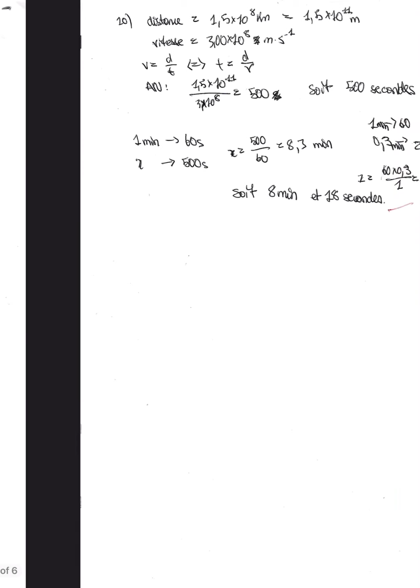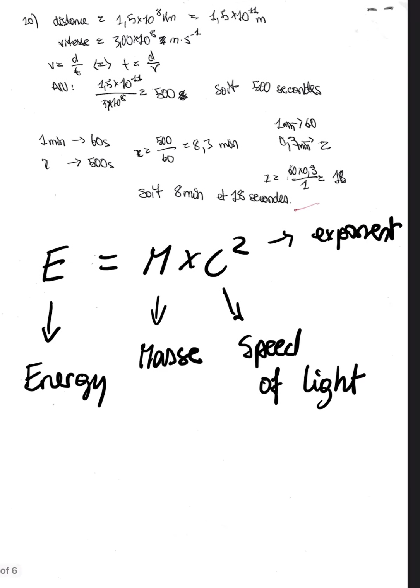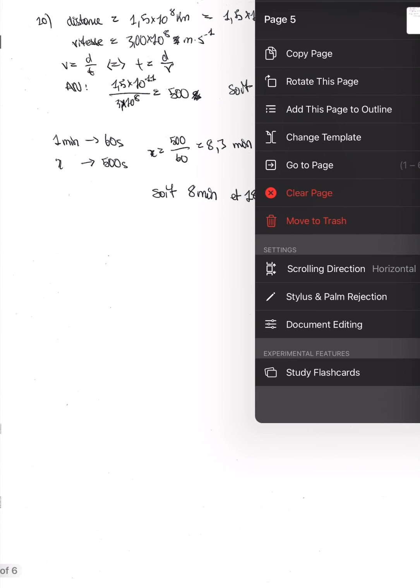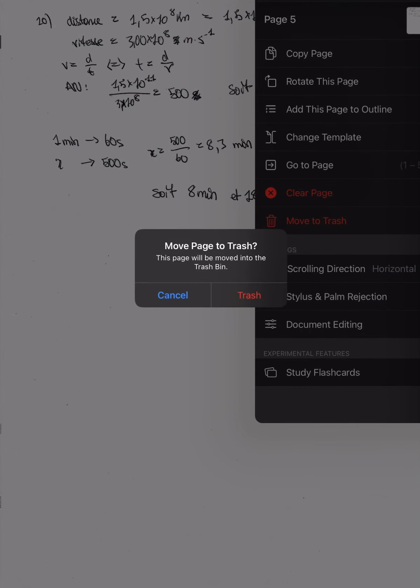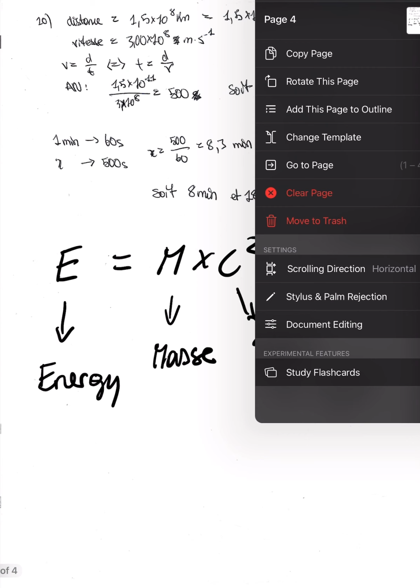So if I wanted to get the mass from this formula, how would I proceed? So our formula is E equals mc squared. So if I want to get this mass, what do I do? Let's just put the formula here.